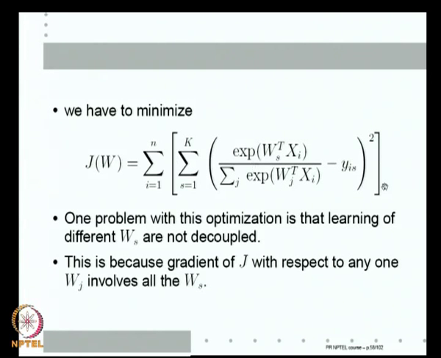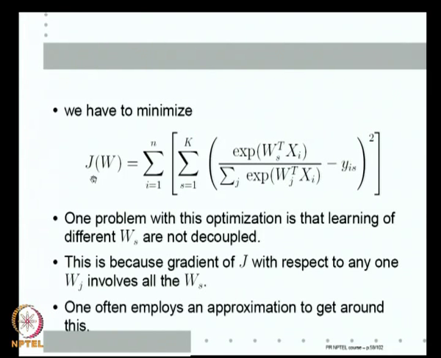So, I have to take derivative with respect to that. So, it will be a horrendously complicated expression for the derivative. So, unlike the case of vector valued regression using simple linear least squares, learning of the different Ws in the case of multi-class logistic regression are not decoupled. This can make it computationally more difficult.